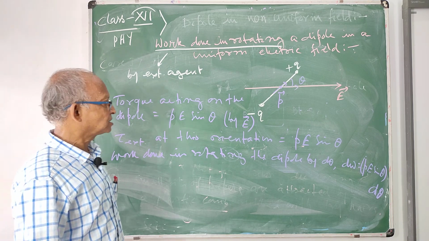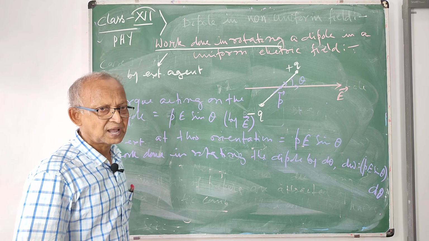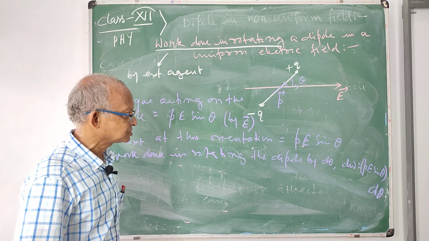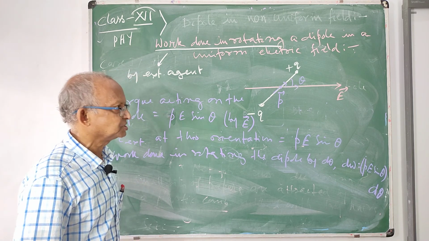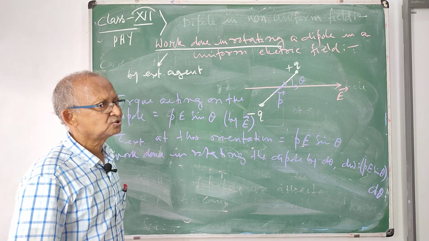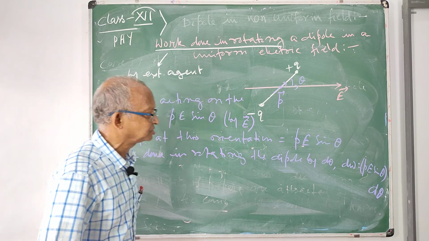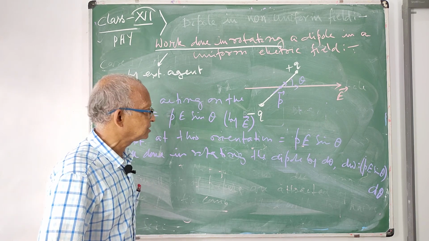So the work done in further rotating by an elementary angle d theta is P E sin theta d theta. Okay? Tau d theta. As there you say F dx, here you say torque tau d theta. So P E sin theta d theta.